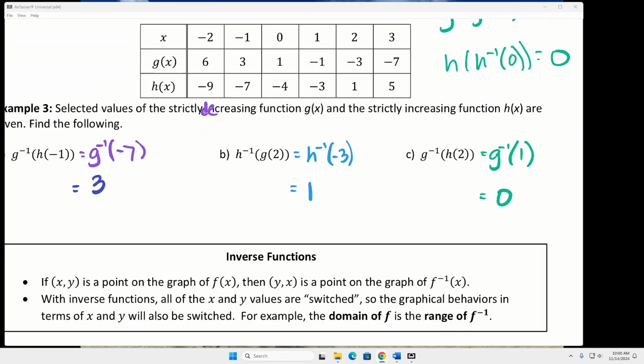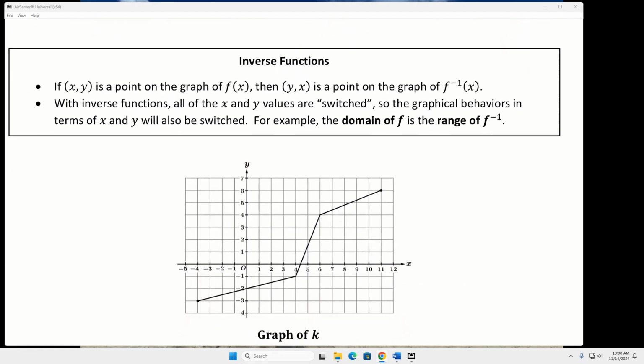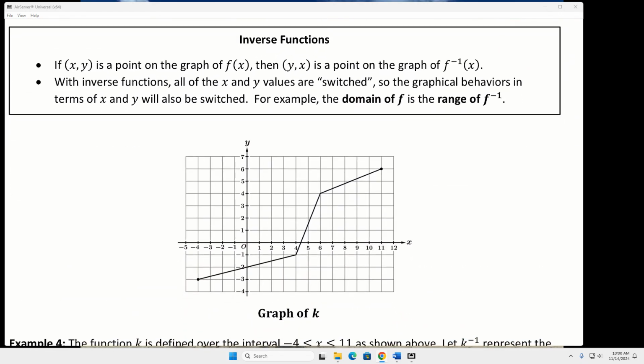Okay. The other thing we're going to do today is look at a graph of a function and tell answers like what is the maximum of the inverse, or what is the minimum of the inverse, or the domain and range of the inverse. So just remember that when you have the inverse function, the x and y's are switched. And so on this first one, it also means the domain and range are switched.